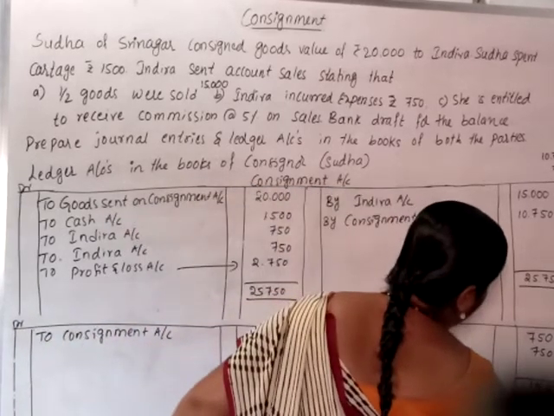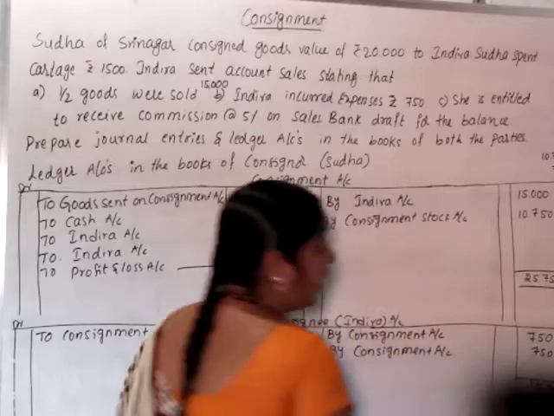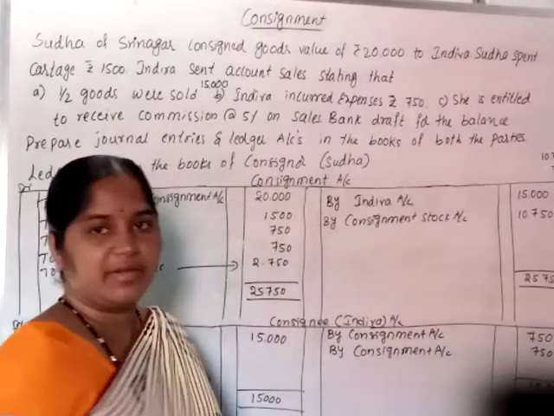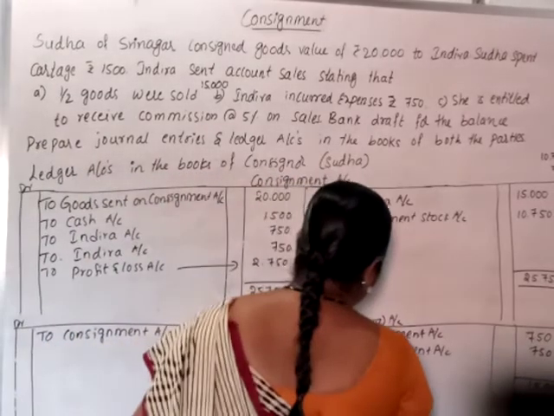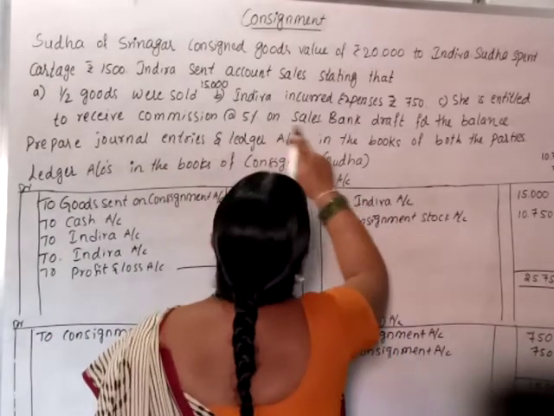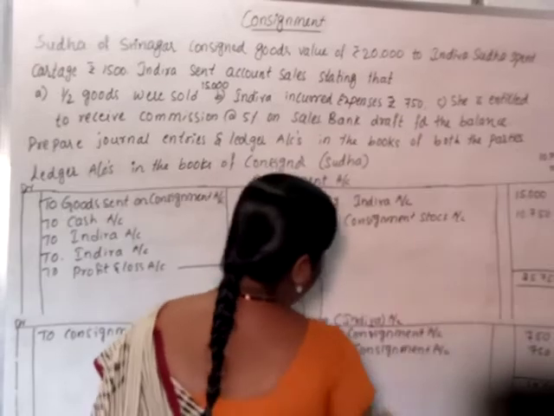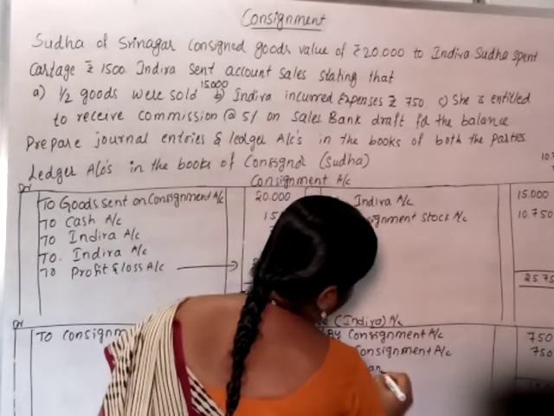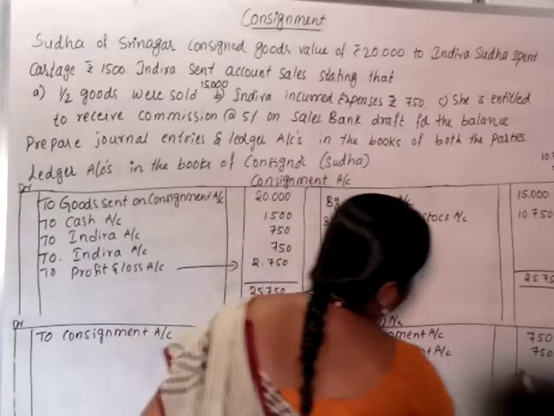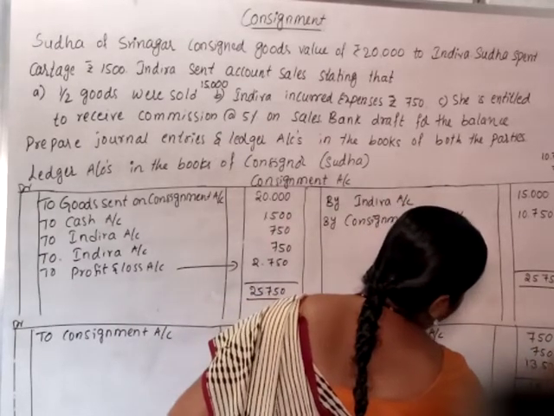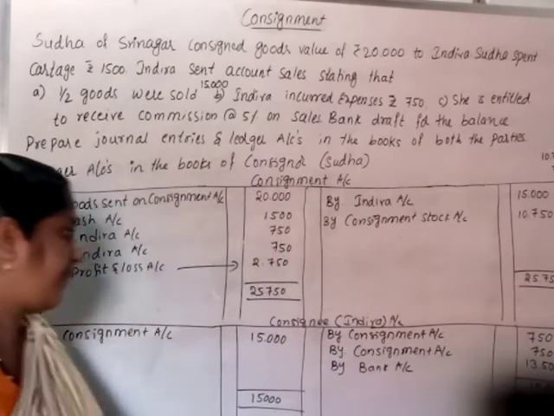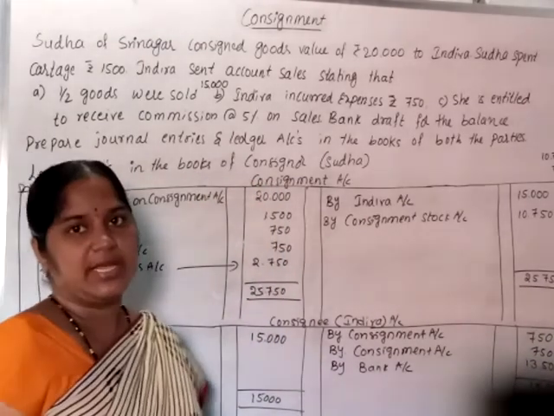And credit side we have only 1,500. Okay. So 15,000 minus 1,500 becomes 13,500. So the balance amount is sent by bank draft. It's clearly mentioned to you. So write as by bank account. So how much balance amount? 13,500. Okay. This is the consignee account.